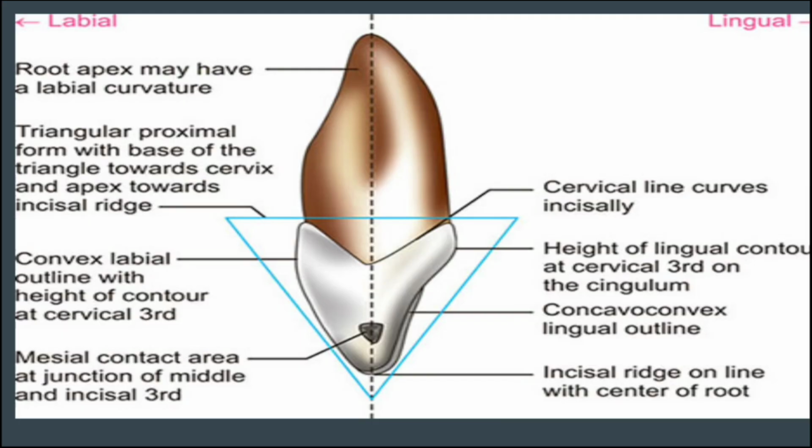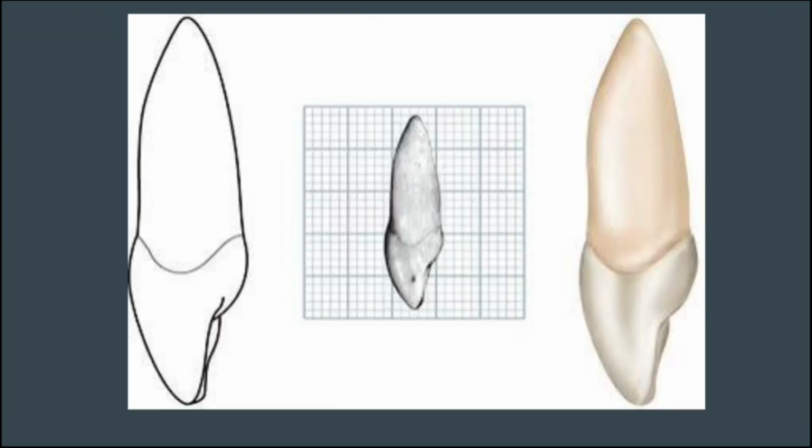Here you can see the labial aspect of the tooth: the convex labial outline, the mesial contact area, and the root apex, which is slightly labial. You can also appreciate the cervical curvature. This is how the mesial aspect looks.